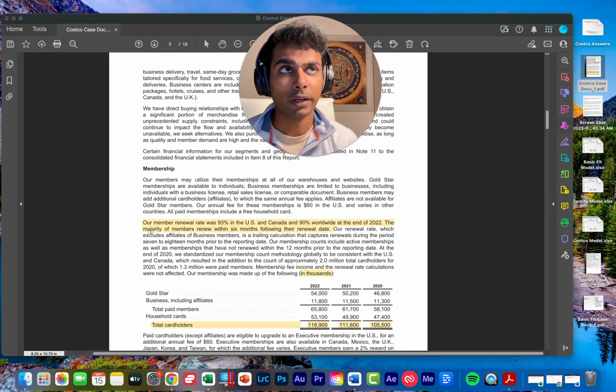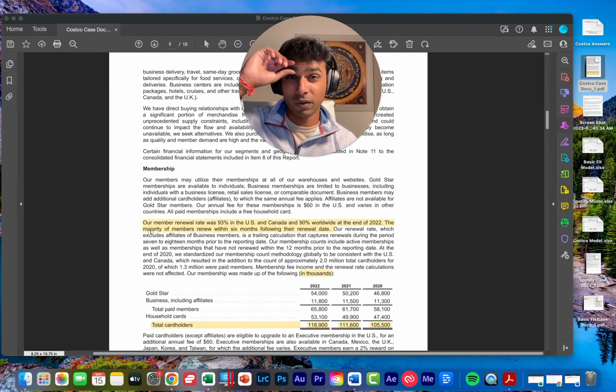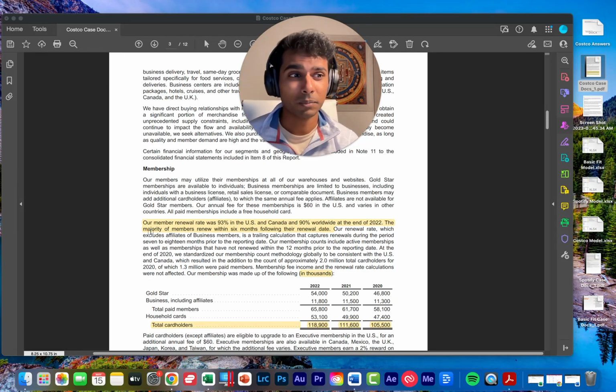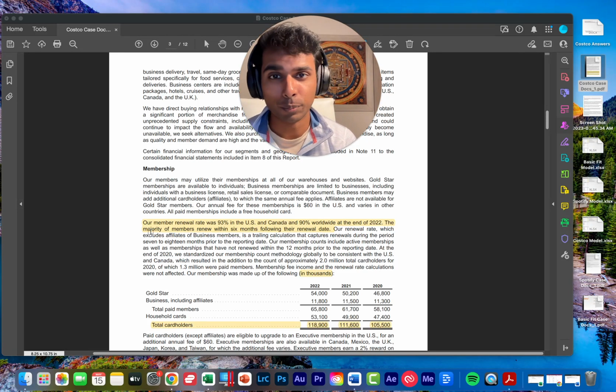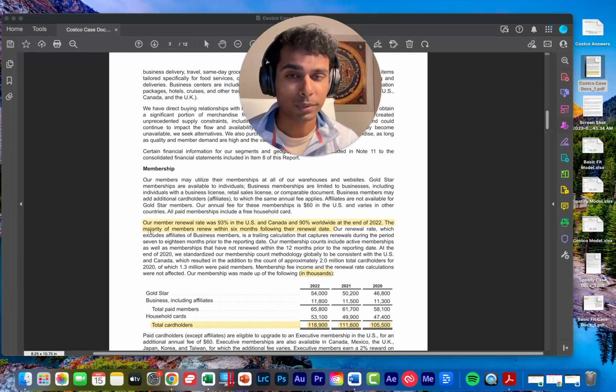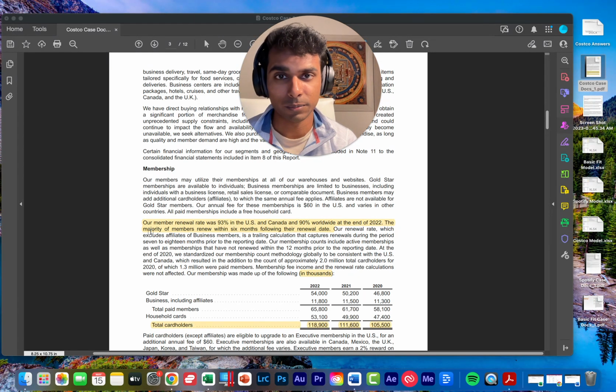And if you look at AT&T or Verizon, they'll have like a 1.5 to 2% monthly churn rate, which means they lose 1.5 to 2% of their customers every month.